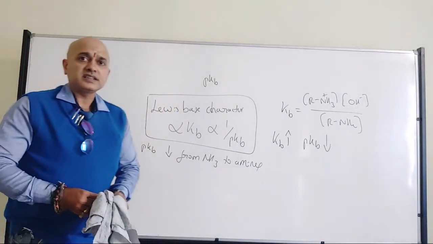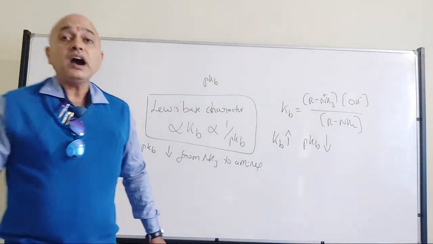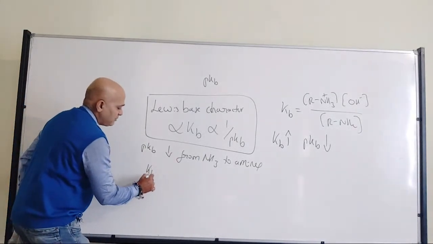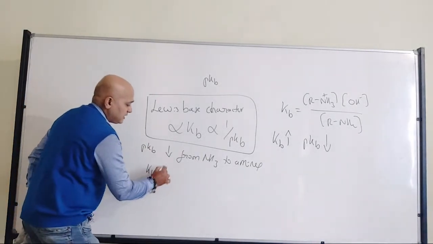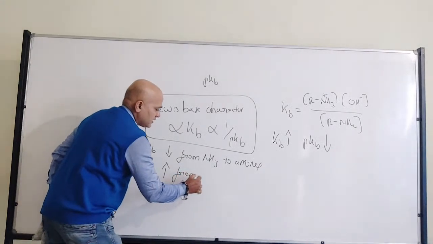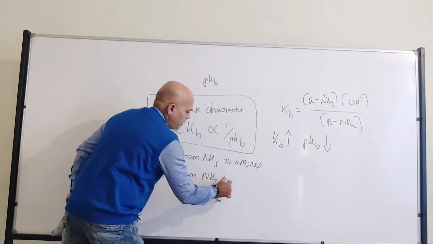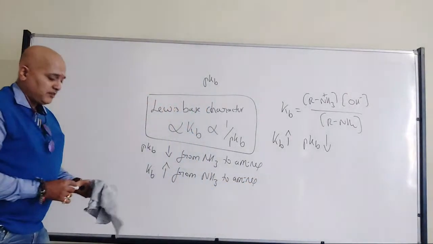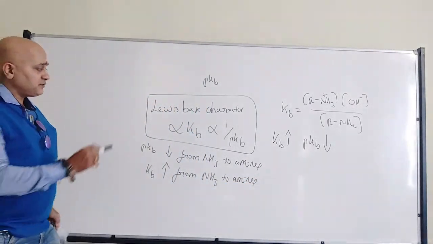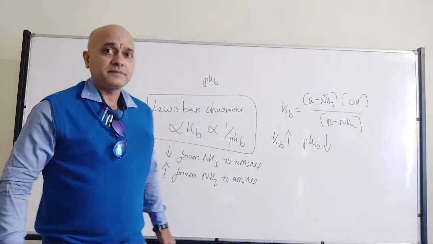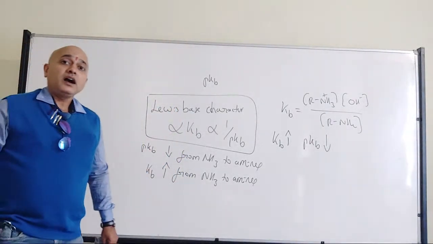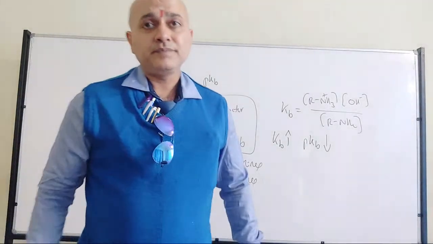But what will happen to the Kb value? Kb value increases from ammonia to amines. That's what we can tell. pKb value is going to decrease from ammonia to amines, but at the same time, Kb value is going to increase from ammonia to amines.